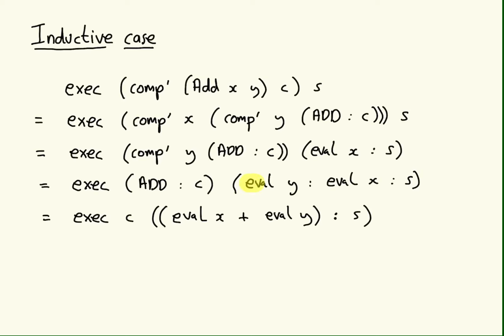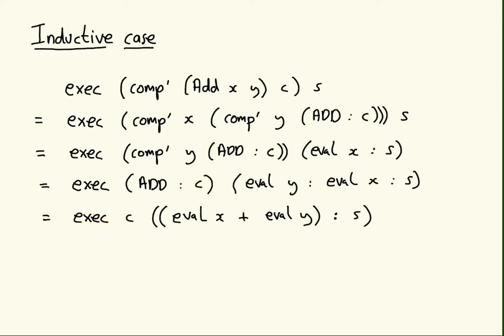So all we've done is we've taken the top 2 things on the stack and added them together and put them on top of the stack. But we need to remember, of course, we have this additional code C, so we need to remember that we still need to execute that as well. And that's what the execution function does for us.